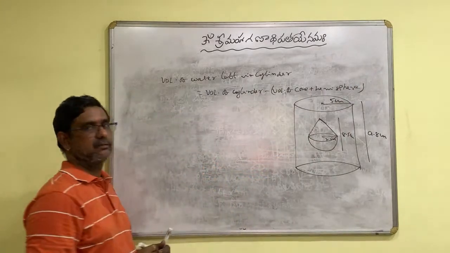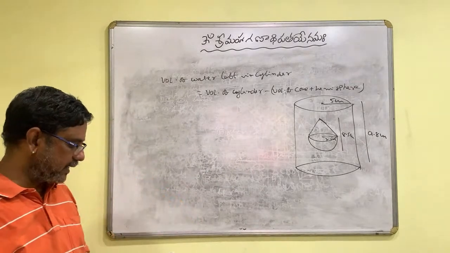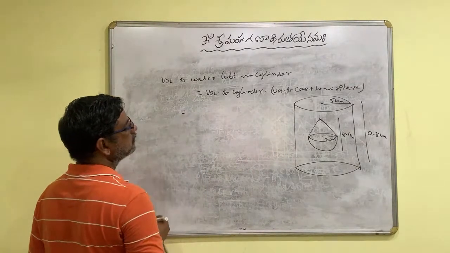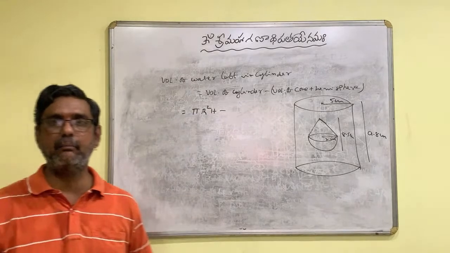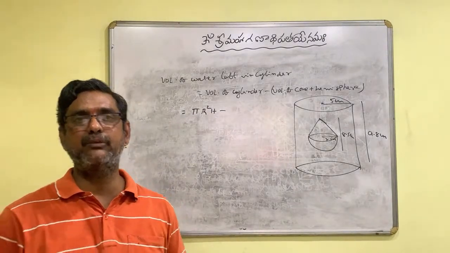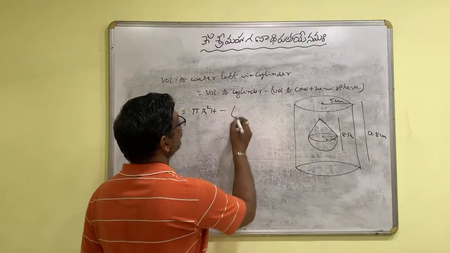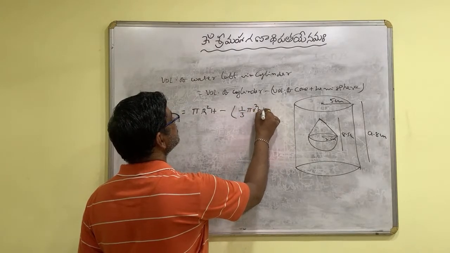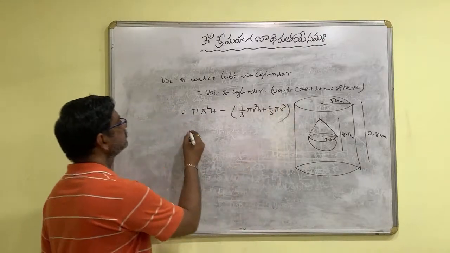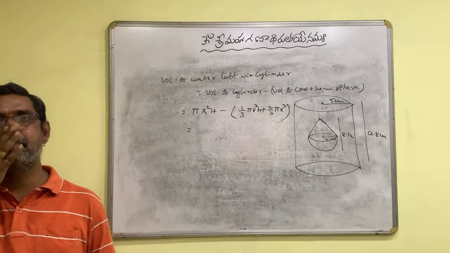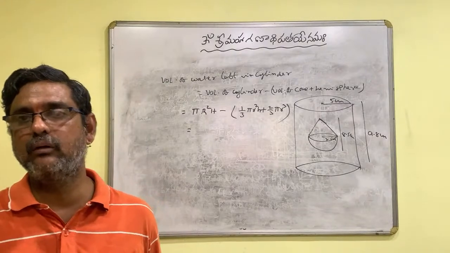This must be in brackets. Now volume of cylinder is pi R square H, in capital R and capital H, because the radii and heights of the objects are different. Minus volume of cone, 1/3 pi r square h, plus hemisphere, 2/3 pi r cube.